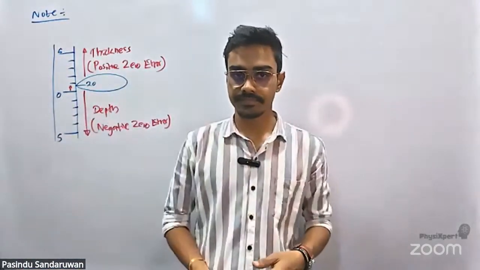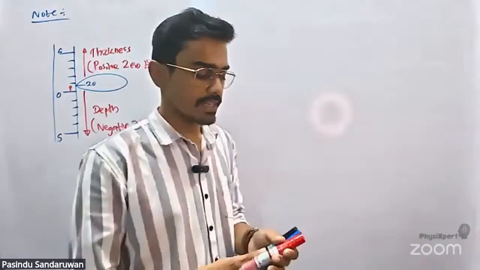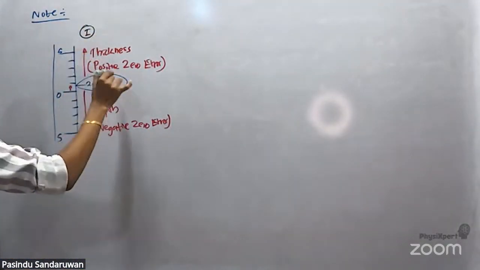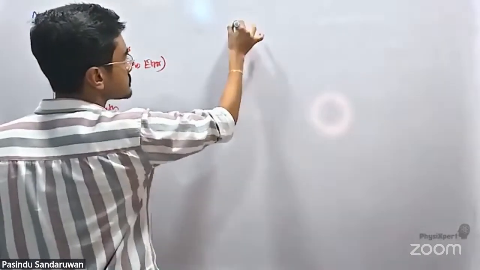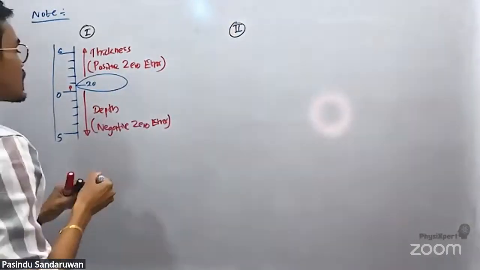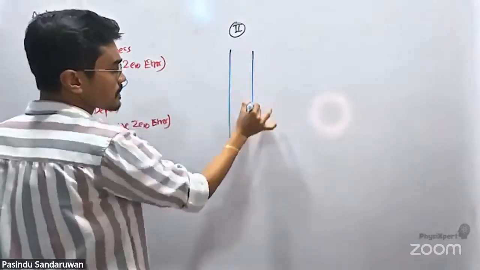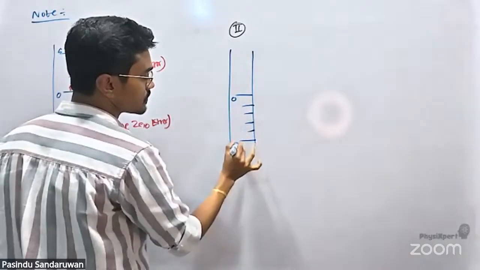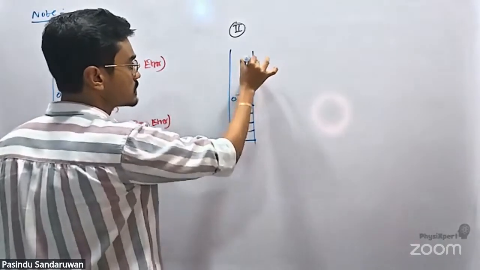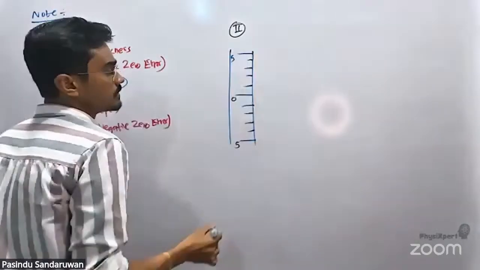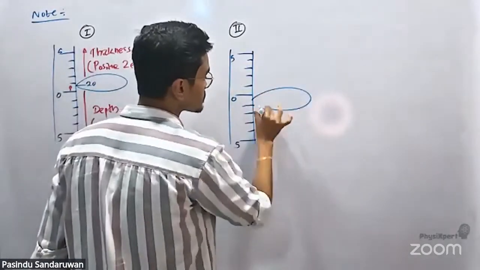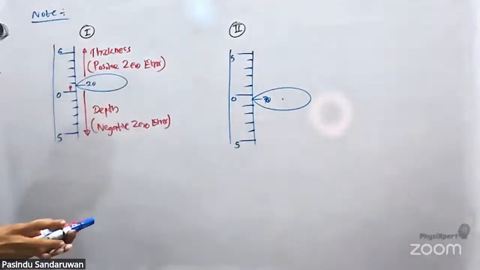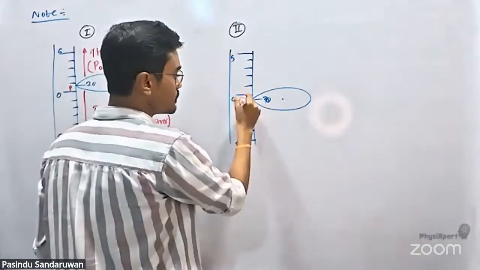And the next type is type 1. If you have this type of an error, 0, 1, 2, 3, 4, 5, 1, 2, 3, 4, 5, below main scale 0.